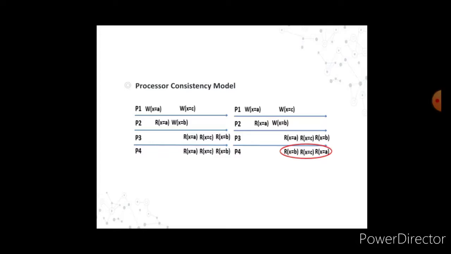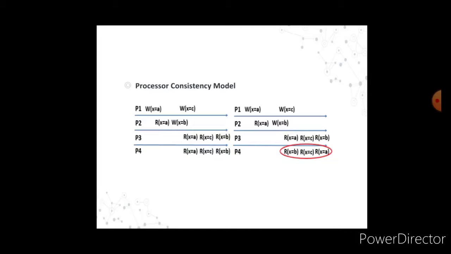In memory, coherence means that for any memory location, all processes agree on the same order of all write operations to that location. Processor consistency ensures that all write operations performed on the same memory location, no matter by which process they are performed, are seen by all processors in the same order.